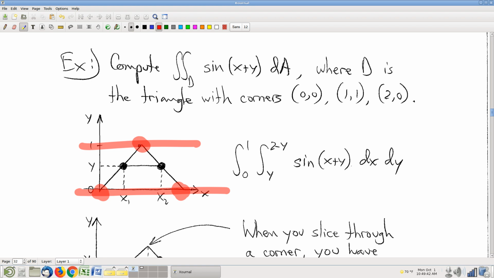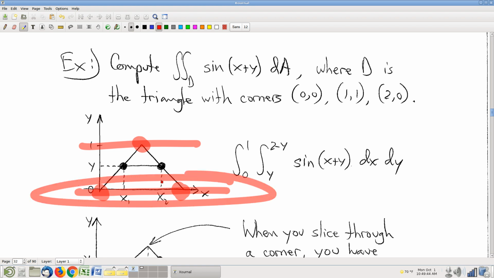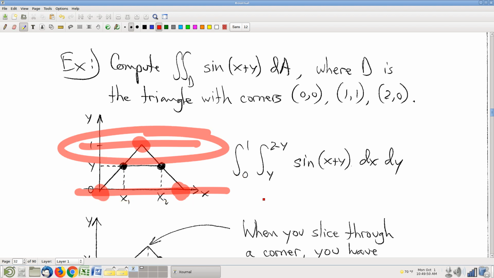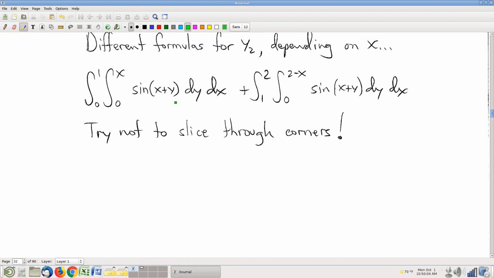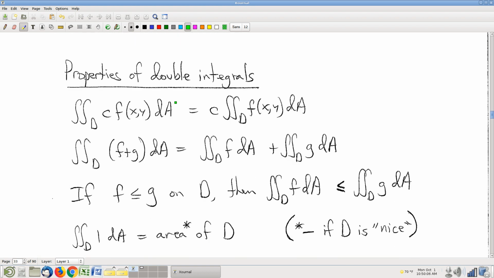Well, I was about to start a new integral here anyway. Not a problem, right? Here, before you keep going, you're going to have to start a new integral. No problem. I am not going to keep going. So it's not an issue. So of course you're going to slice through corners at the start and the end very often, and it doesn't matter.